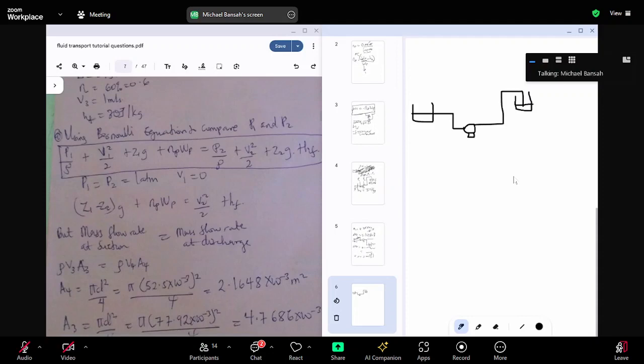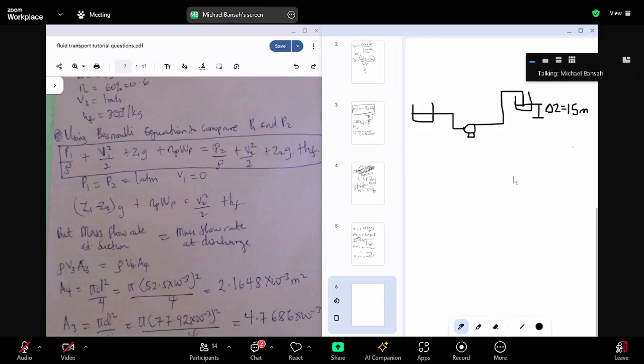And I mentioned that the distance between this and that, which is change in Z, is equal to 50 meters.